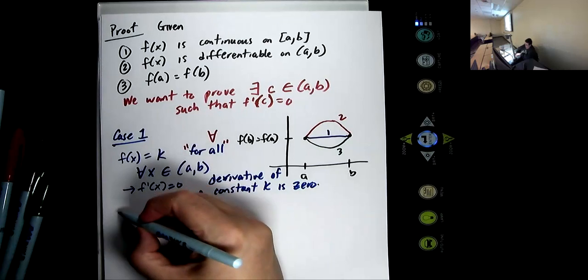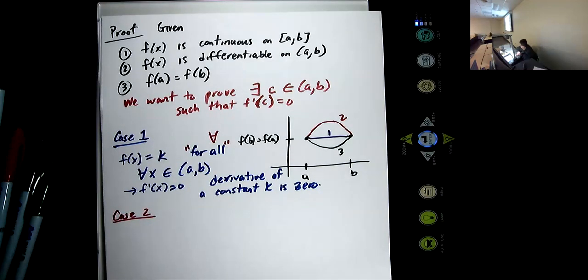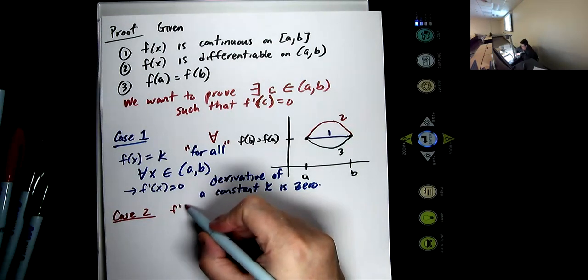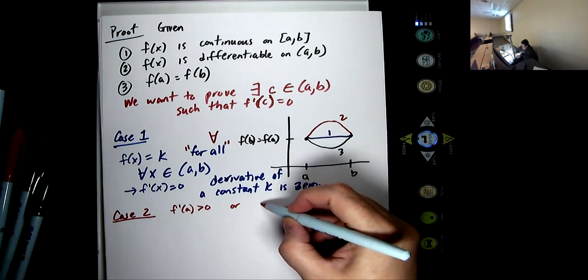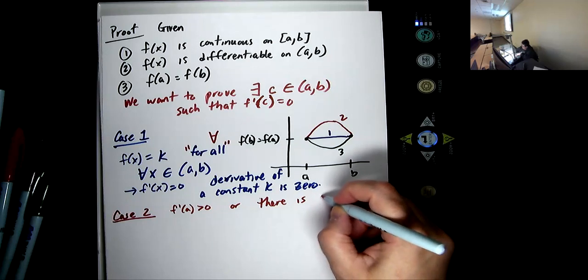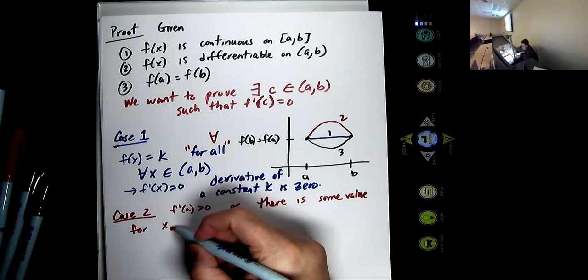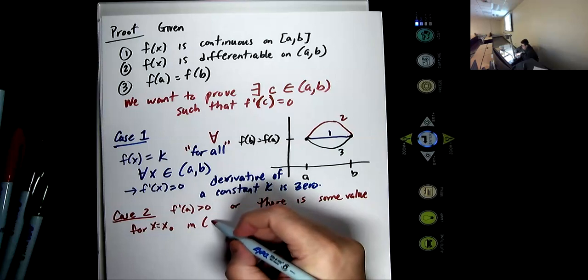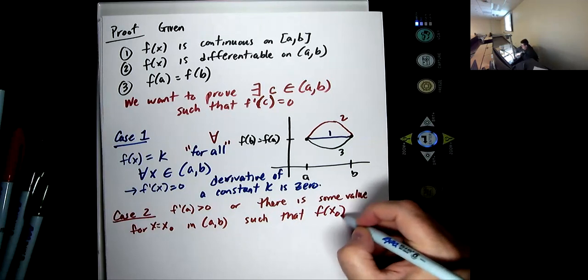Case 2. We have f prime of a is greater than 0, or effectively, there is an x, we'll call it x naught, in (a, b) such that f of x naught is greater than f of a.